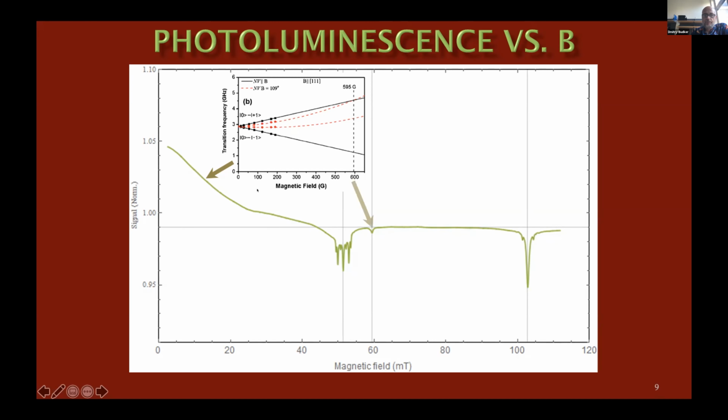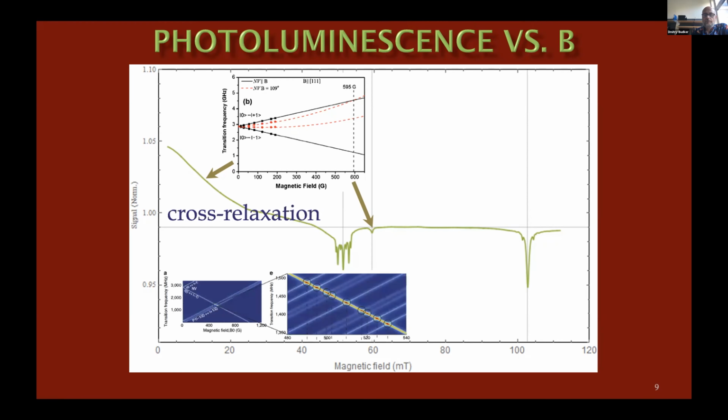And then there are crossings of the levels at certain magnetic fields that also lead to these so-called cross-relaxation features.